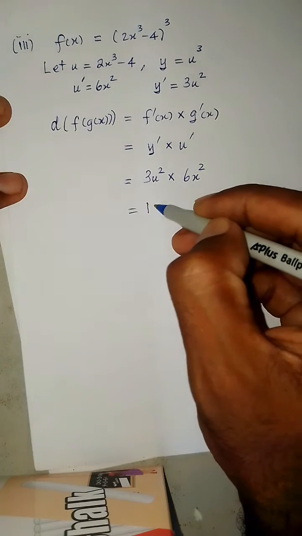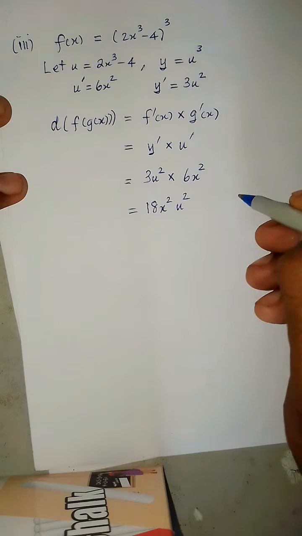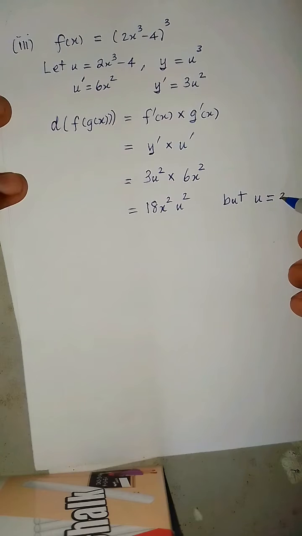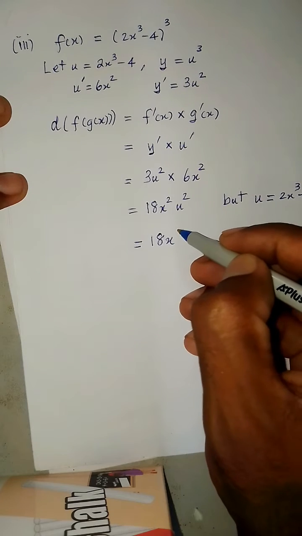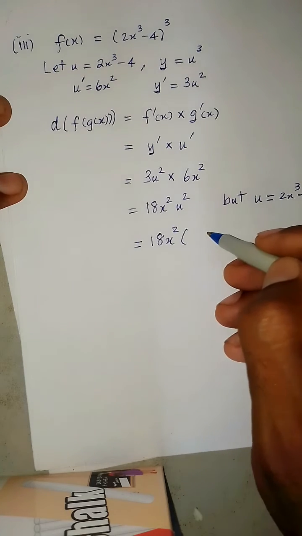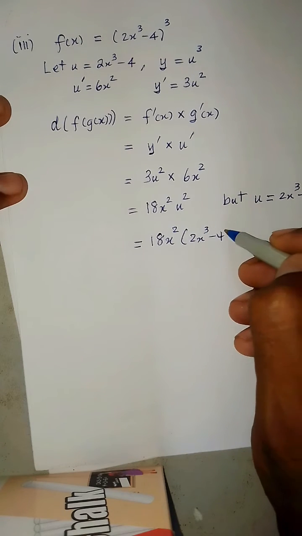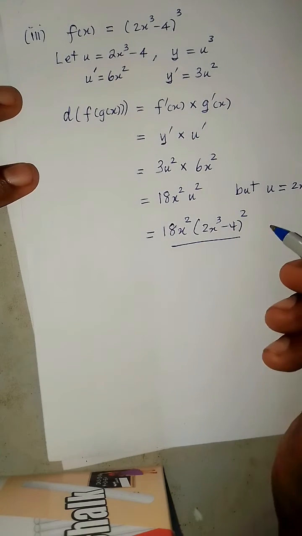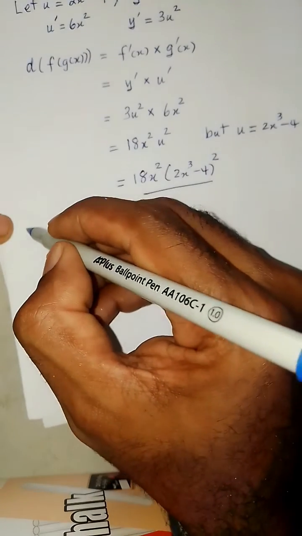Multiplying across, we have 18x squared u squared, and then we resubstitute u, or replace u with 2x cubed minus 4, and finalize our answer. So our final answer will be 18x squared times 2x cubed minus 4 to the power of 2. That's our answer.